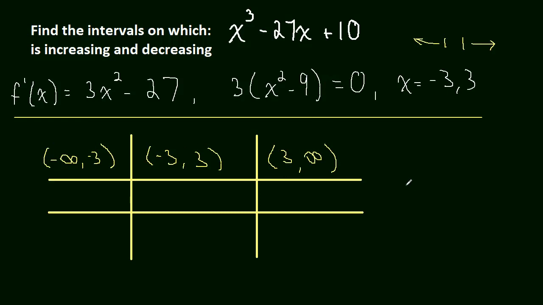Because a function can't change from increasing to decreasing without there being a critical number, right? Or an asymptote for that matter, but there are no asymptotes to this graph, vertical or horizontal. So as long as the function's continuous, it can only go from increasing to decreasing in 2 ways.